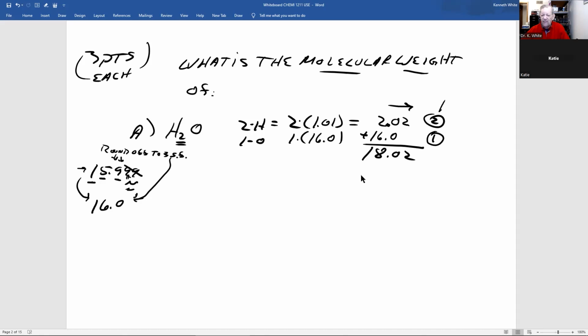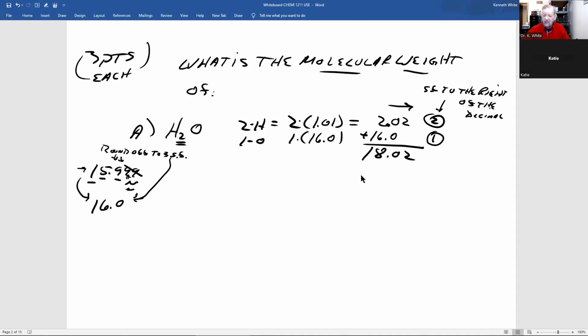So these are the significant figures to the right of the decimal.